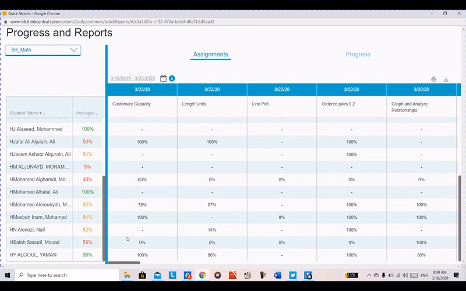Okay, great job guys, but most of you did all the homework except one or two, so you have to complete all your assignments to allow me to add you on Class Dojo.